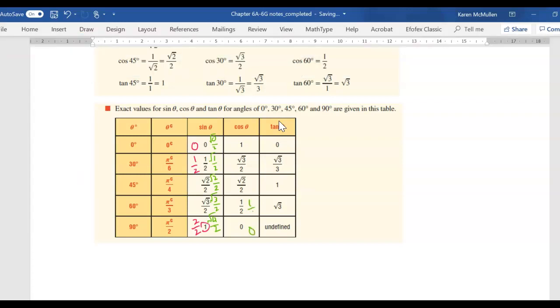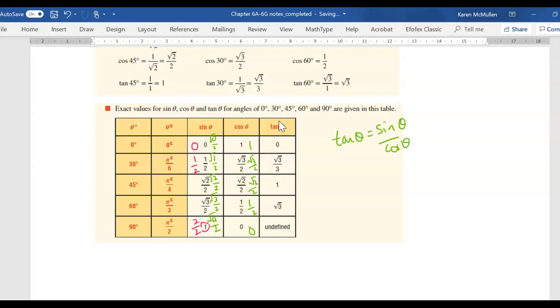Half, half. Then root 2 on 2, the same for both. Then root 3 on 2. And down the bottom, we had 2 on 2, which is 1. As long as you can do sine, you can do cos because it's the opposite. And then tan theta, remember, is sine over cos.